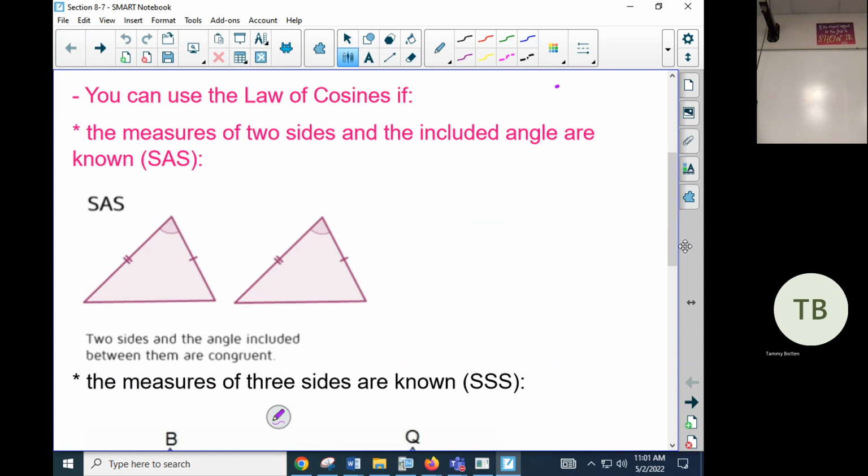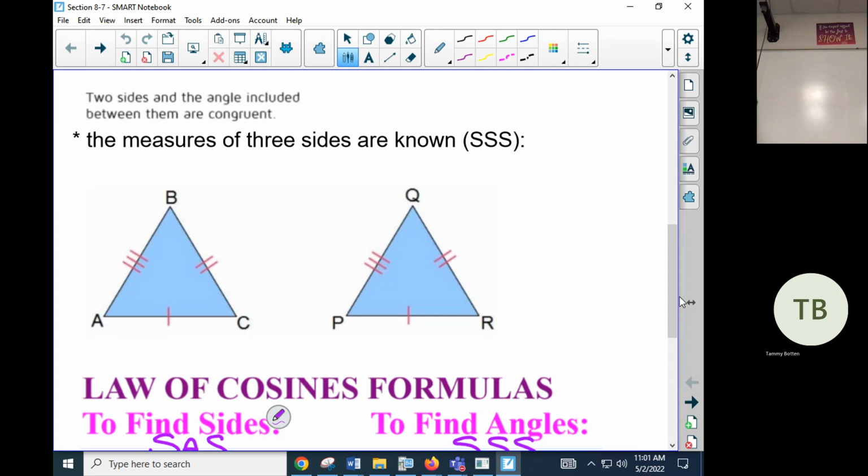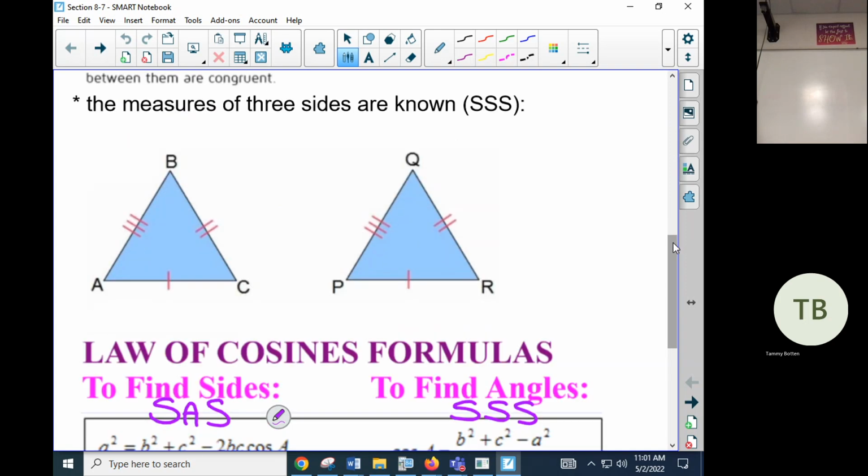One is if you know a side, angle, side, where the angle is right between the 2 sides. The other is when you have the 3 sides of a triangle, like when we learned congruent triangles back in chapter 4. It was side, side, side.